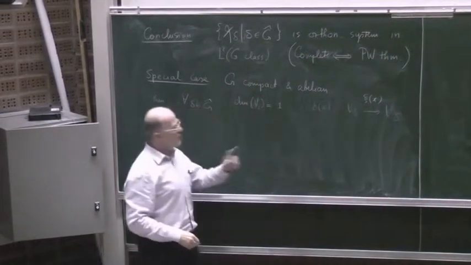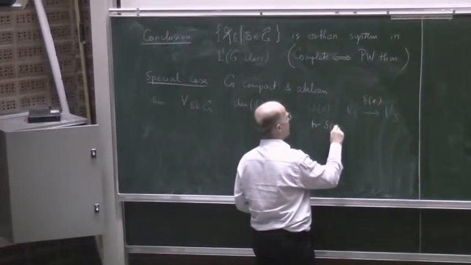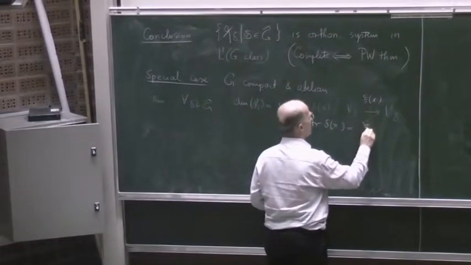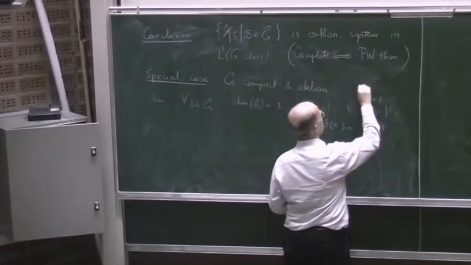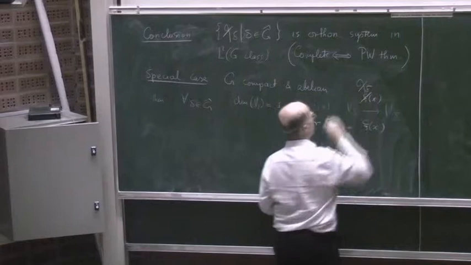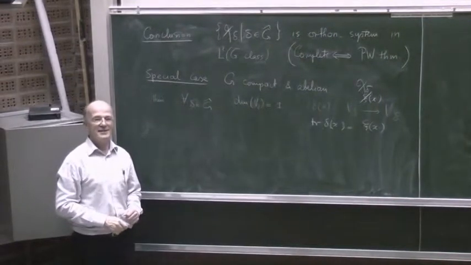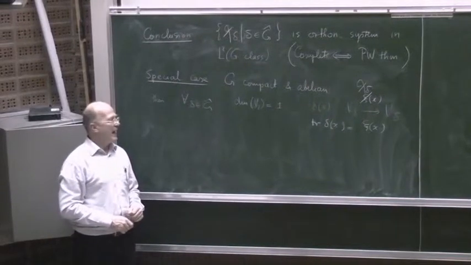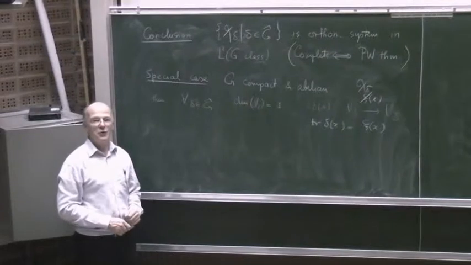And what is the trace of this scalar multiplication? The trace of delta of x is of course precisely psi of x. In other words, this psi of x is really the character of delta. So it's multiplication by the character of delta in this case. And so the characters correspond really to characters of the group.